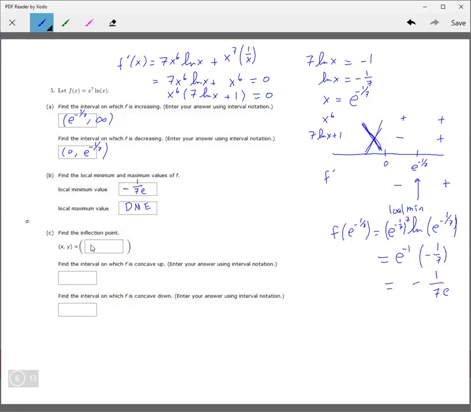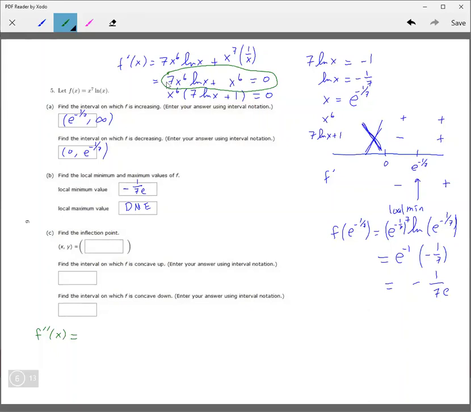Okay, inflection point. Whoa. So now for the inflection point, what you want to do is find the second derivative. Let me start with, I'll take it from here. I'll take the derivative of this, and that will give me the second derivative. So this is going to be product rule.